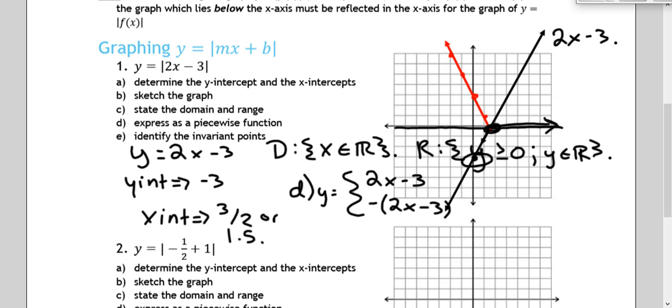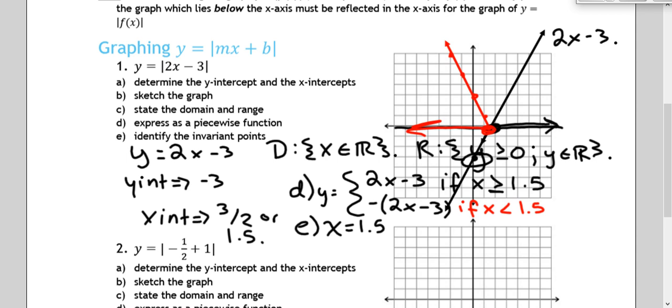So it is such that if x is greater than or equal to 1.5. This one exists at the invariant point going left. So if x is less than 1.5, that is the piecewise function. Our invariant point is x is equal to 1.5.